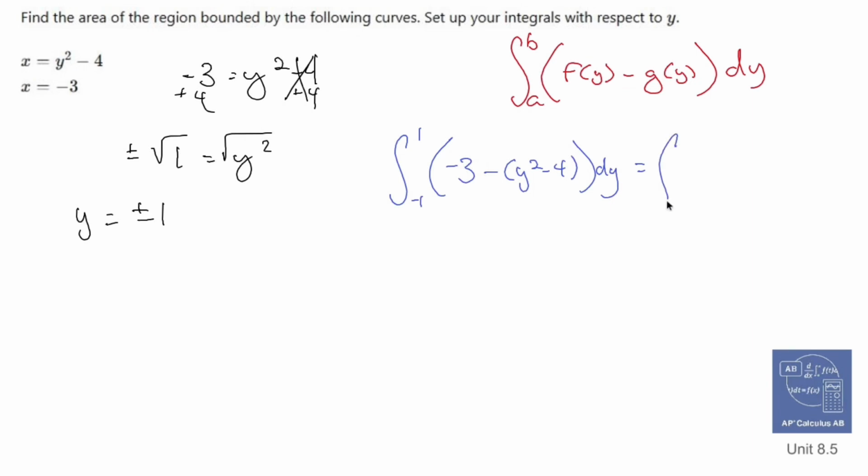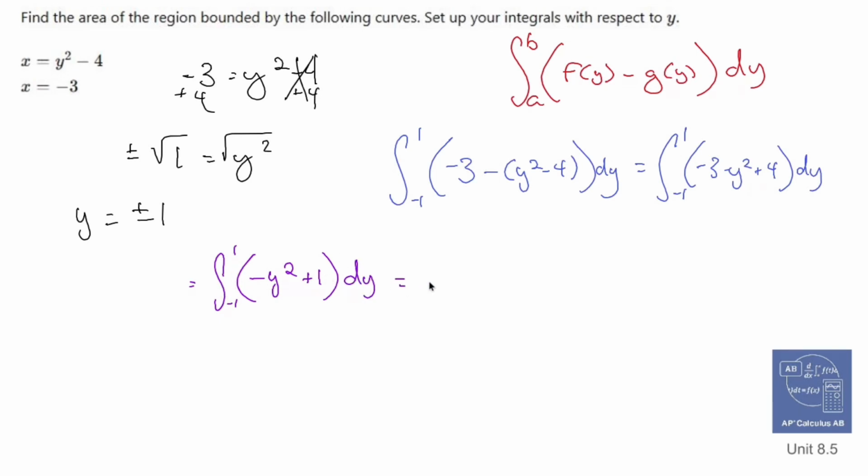So let's simplify that. That's the integral from negative 1 to 1 of negative 3 minus y squared plus 4 dy. Negative 3 and 4 make 1, so I have negative y squared plus 1 dy.